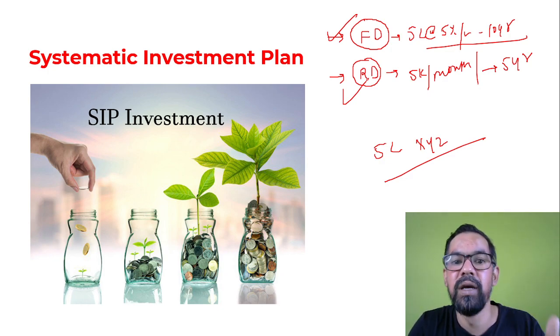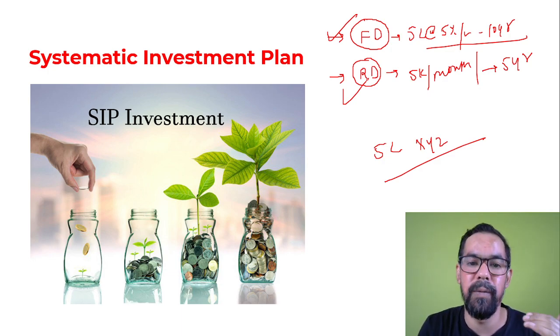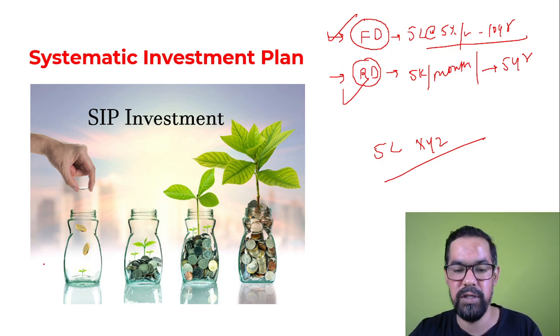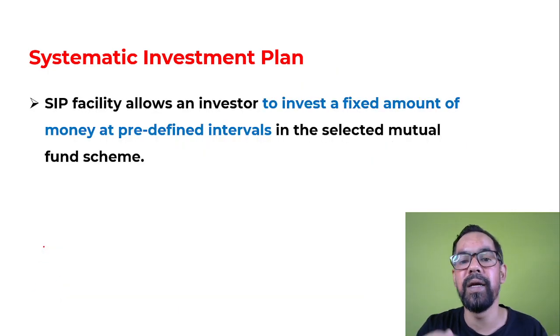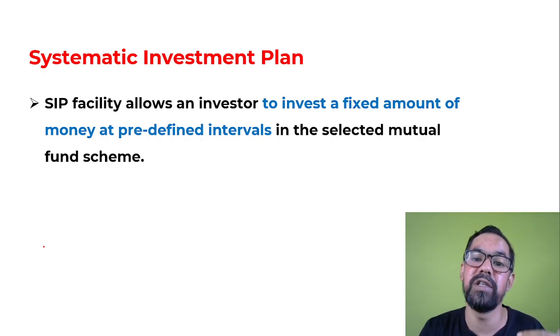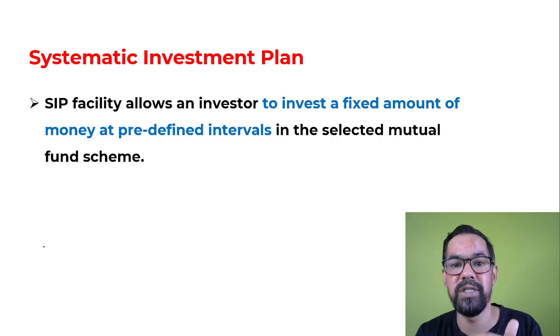So you can start with 5,000 rupees or 1,000 rupees or 500 rupees, whatever your pocket allows. SIPs are basically systematic investments, where investors make their investment in a systematic way. Every month they invest some sum of money in specified mutual funds.